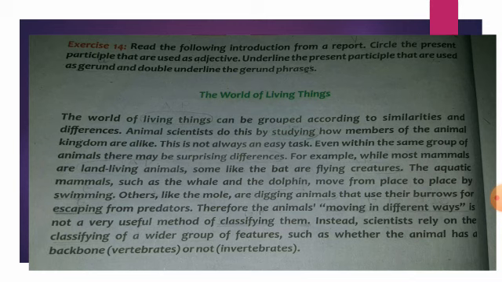Here, classifying is a gerund and them is a pronoun, so classifying them. So here not a noun is here. If the noun were here, so we will circle it as an adjective, but here there is a pronoun, so it is a gerund phrase, so double underline it.